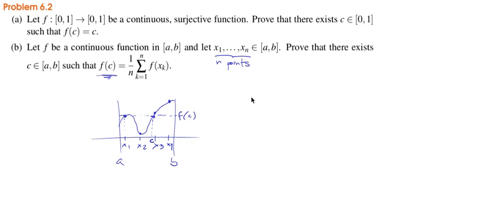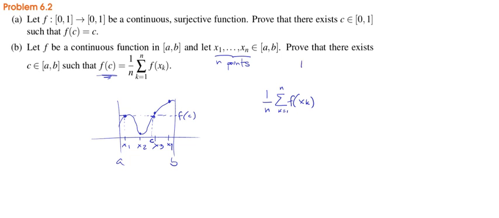Well, we have this value: 1 over n, the sum from k equals 1 to n of f at these points. Now, this is an average, this is a value. Let's call it mu, it doesn't matter. It's just a number. Now, f of xk from k equals 1 to n, it's going to be n different values.